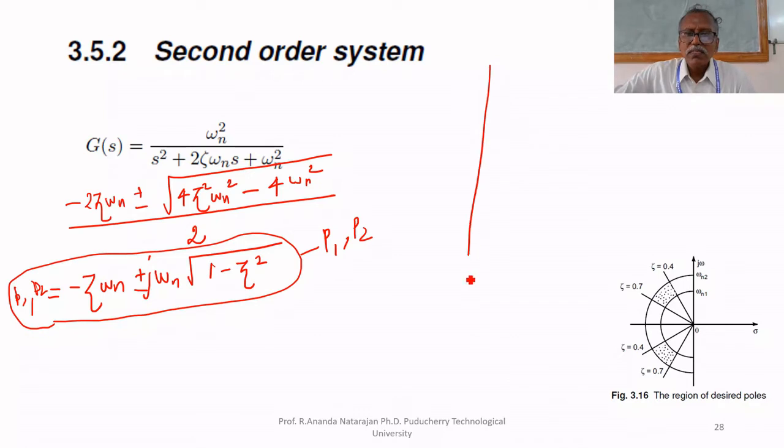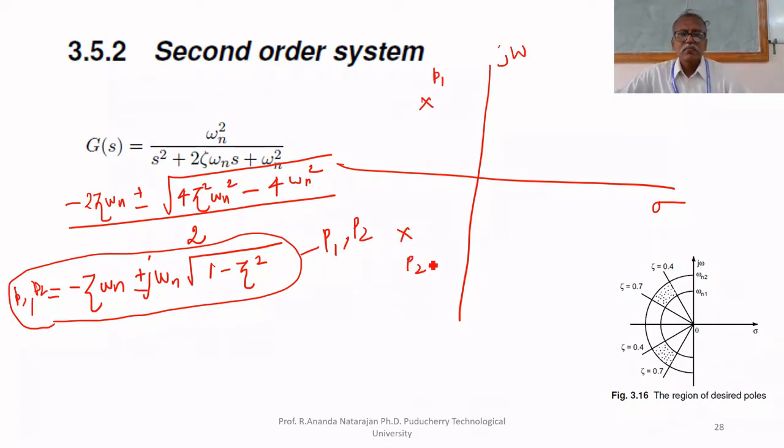If you plot this on the S plane, this is P1, this is P2. What is the distance? This is origin. The distance from here is minus zeta omega n.